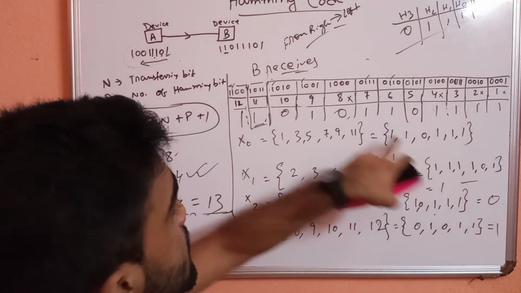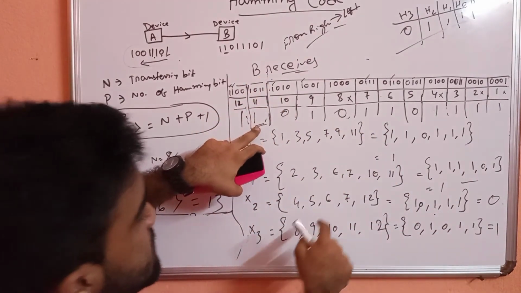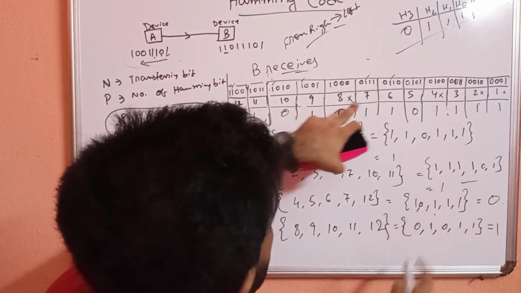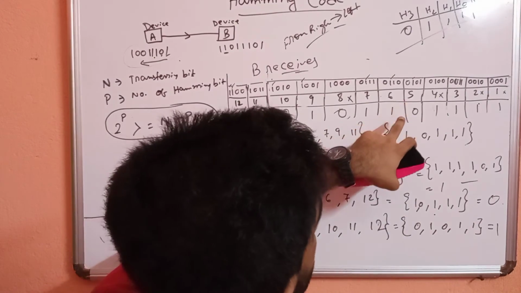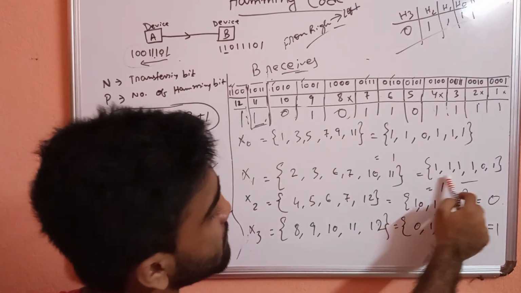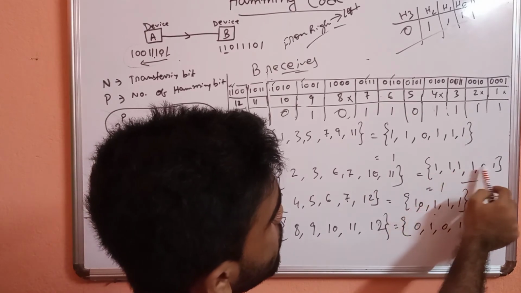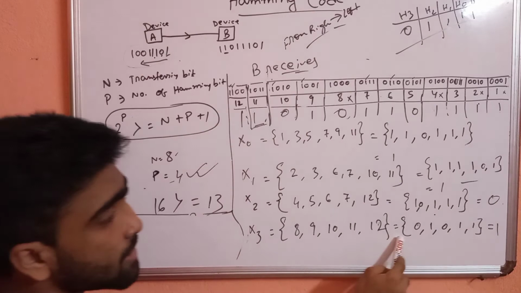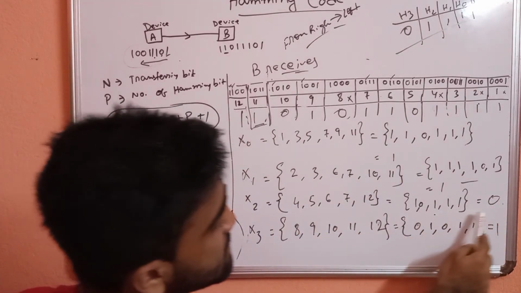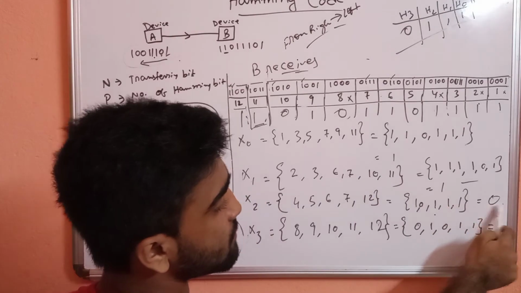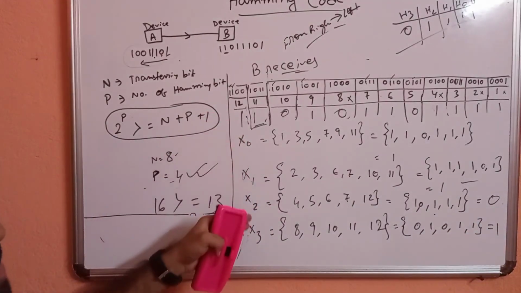Here also, under 11 it's 1, then 0, then under 7 it's 1, then 6, 1, then 3, 1. So the even parity is 1: 1, 2, 3, 4, 5, an odd number of 1s. Similarly, all this will happen. Here even parity is 0, because an even number of 1s is there. All these are similar processes.